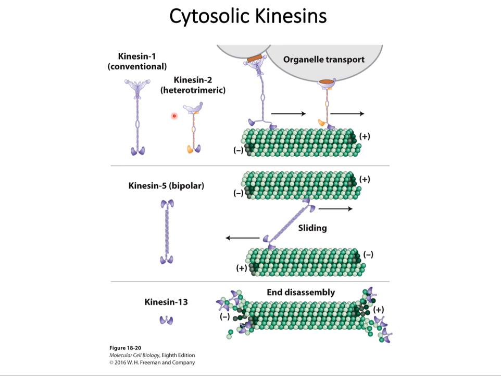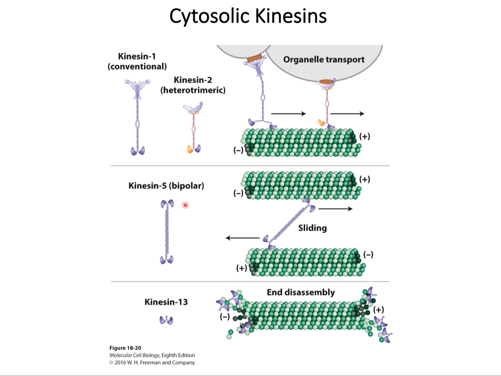So it is made up of three different proteins. That is why it is called a heterotrimeric kinesin. The role of kinesin 1 and kinesin 2 is to bind to vesicles and organelles and to walk along the microtubules towards the plus end to traffic vesicles in the cell and to organize the organelles within the cell.